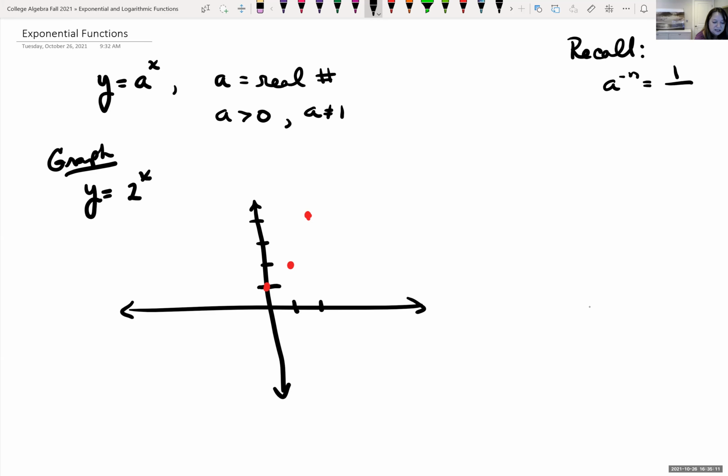So if it's a negative exponent in the numerator, bring that piece down to the denominator to make it positive. So if I'm looking at 2 raised to the -1 power, this is going to be 1 over 2 to the first power, or 1/2. So at x equals -1, I have 1/2. At x equals -2, I'll make our exponent positive, bring it down to the denominator, I get 1 over 2 squared, or 1/4. So at -2, I get 1/4.